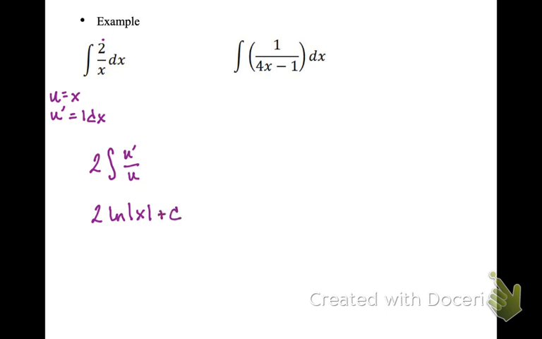Well, this 2 was a what? It was an exponent. So now I can just write the natural log of x squared without the absolute value. Why? Because a square will always be positive, yes?